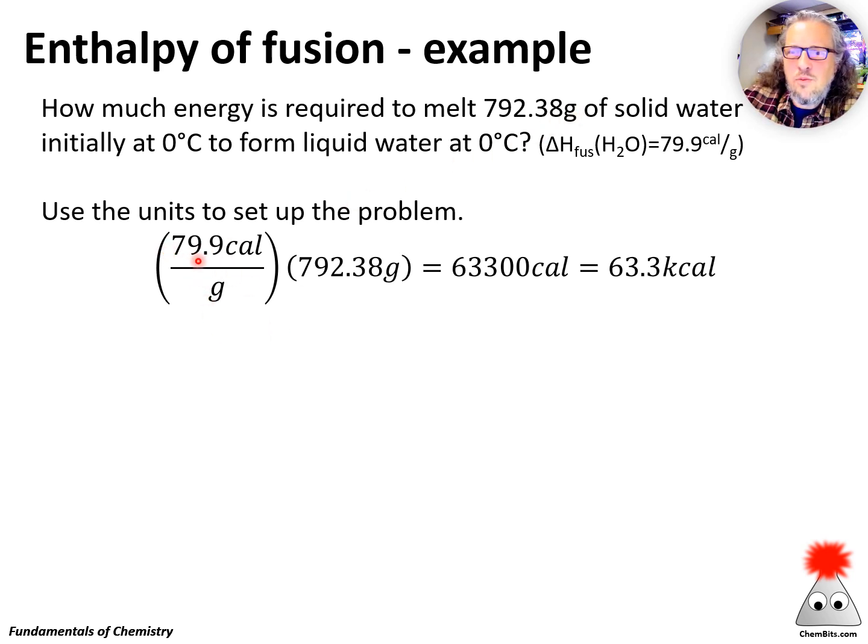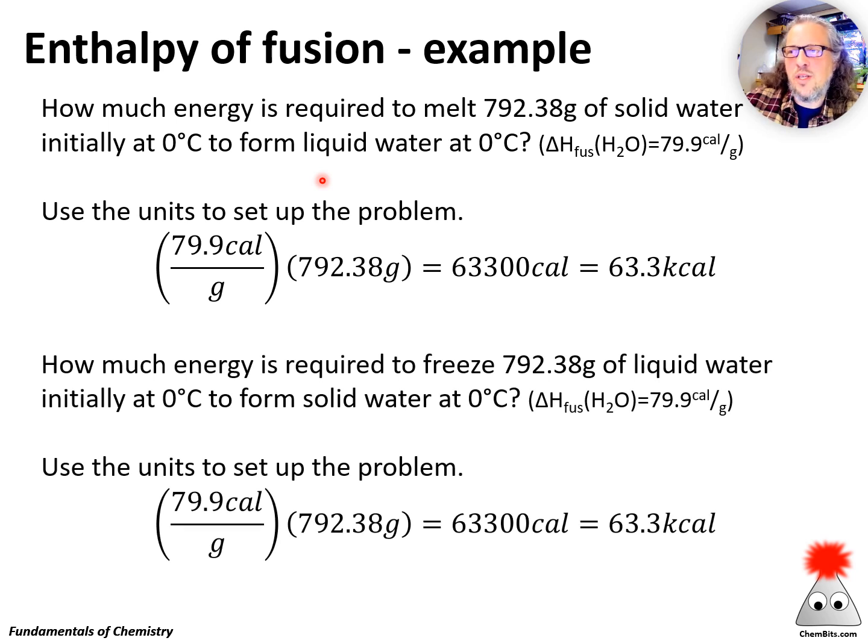So 79.9 calories per gram times 792.38 grams gives me, what is this, 63,300 calories, or probably easier to convert that to kilocalories. Move the decimal 1, 2, 3 places, and we get 63.3 kilocalories. So that wasn't too bad, going from solid water to liquid water.